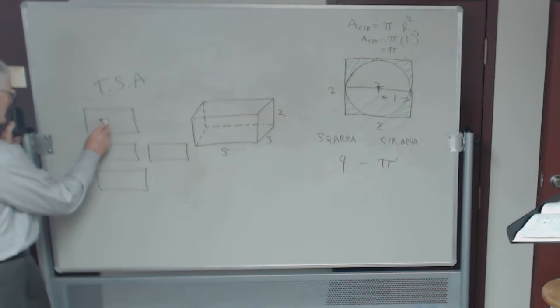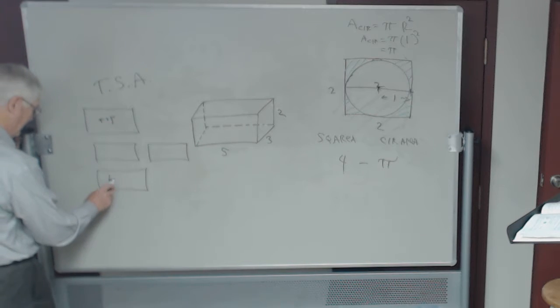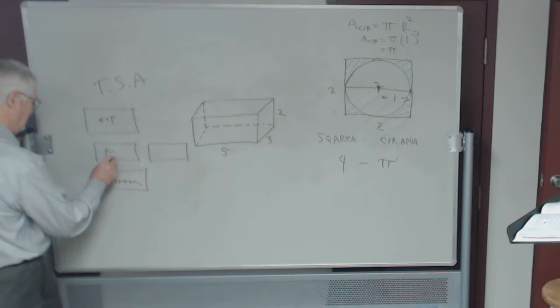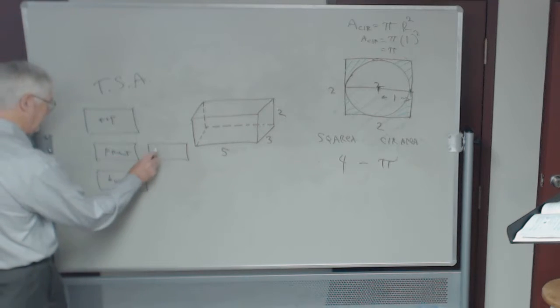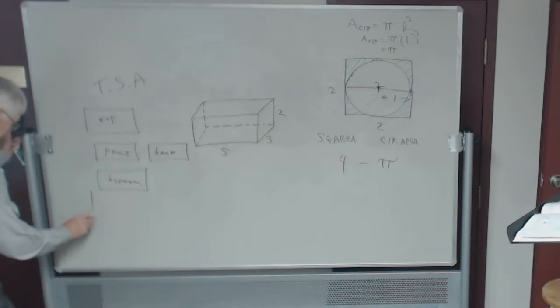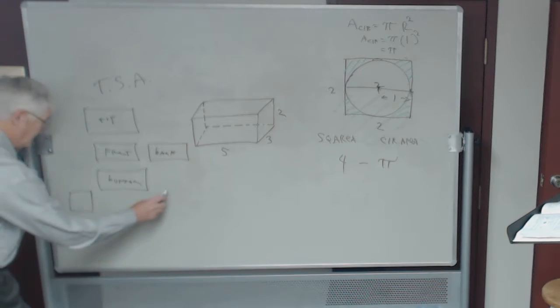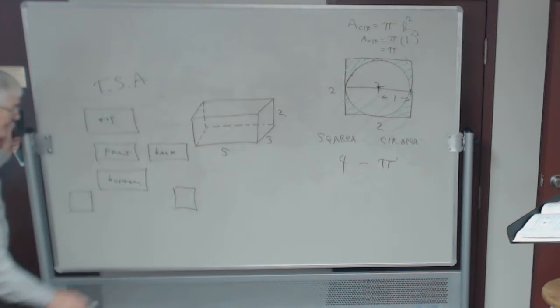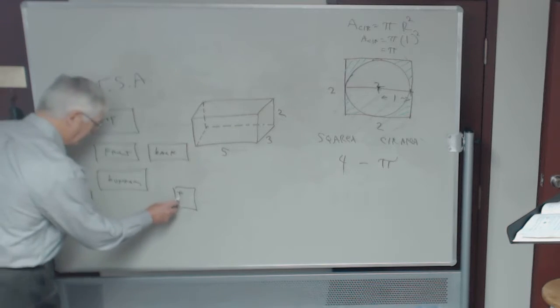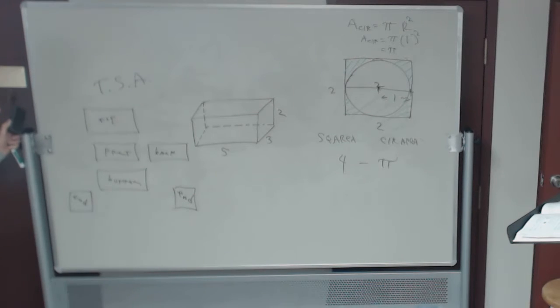Here's the top, the bottom, the front, the back. And then I have 2 ends. Does that take care of the total surface area? The 2 ends, the top and bottom, front and back.